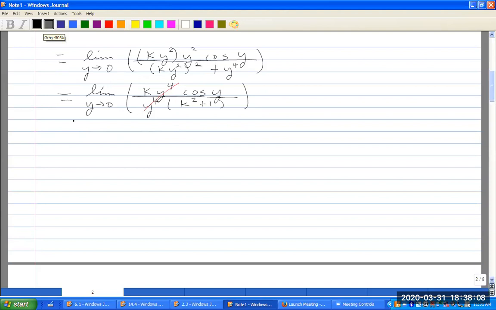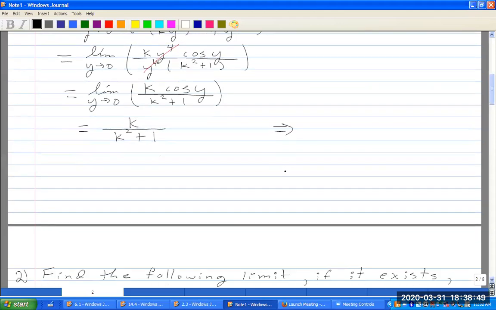And so this is just equal to the limit as y goes to 0 of k cosine y over k squared plus 1. As y goes to 0, this approaches k over k squared plus 1. But of course, for differing values of k, you'll get differing values of this limit. So therefore, this limit does not exist.